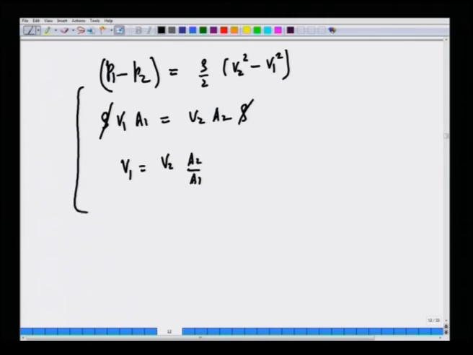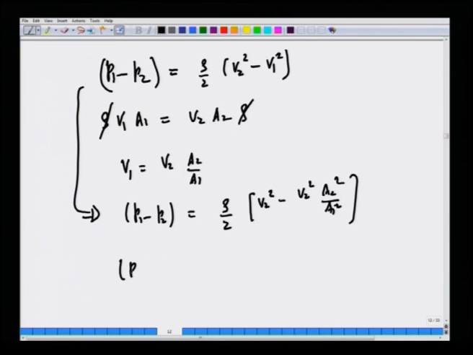So, that this equation becomes P 1 minus P 2 is rho by 2 times V 2 squared minus V 2 squared A 2 squared by A 1 squared, or P 1 minus P 2 is rho V 2 squared by 2 times 1 minus A 2 squared by A 1 squared.